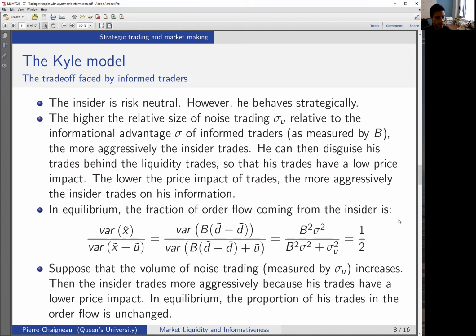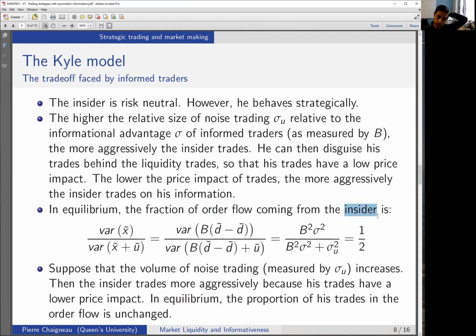And it's coming from a very simple model. Okay, what else? So we can calculate a few other things in this model. And in particular, we can calculate the proportion of trading which is coming from the insider compared to the noise traders in this model. Okay.